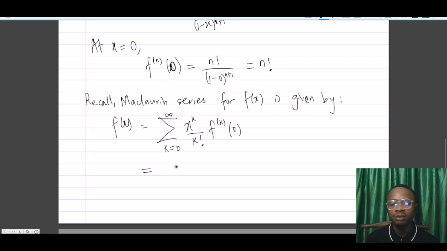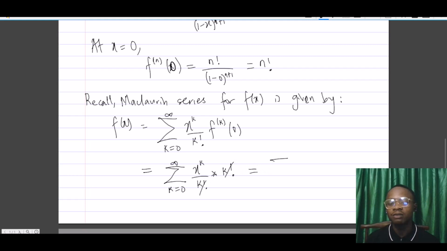So we can substitute directly, the summation from k equal to 0 to infinity of x to the power of k divided by k factorial multiplied by the kth derivative of f at 0, which is k factorial. And obviously this will cancel this out.